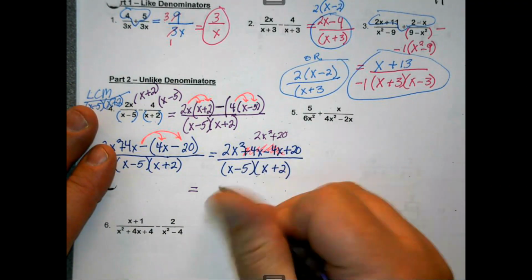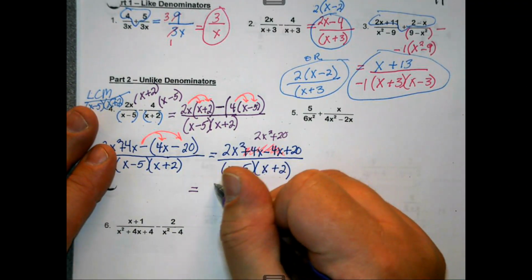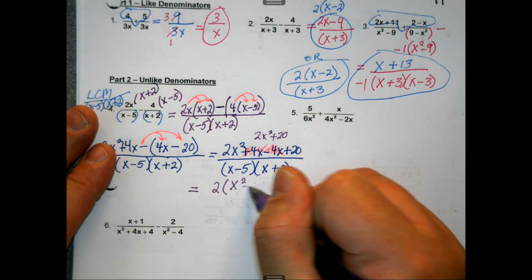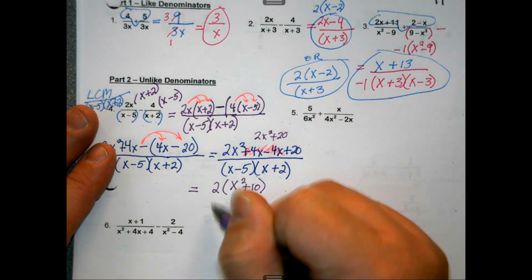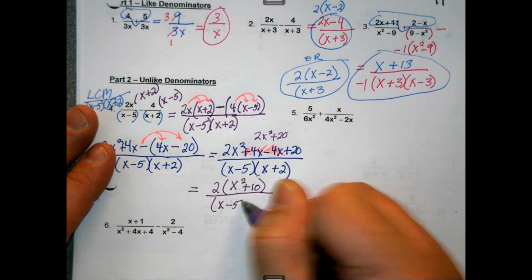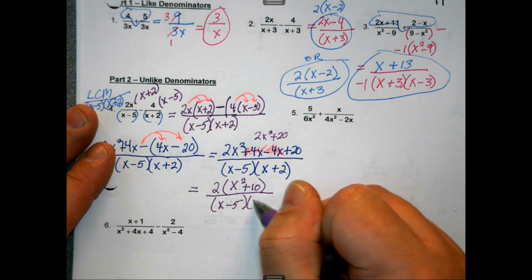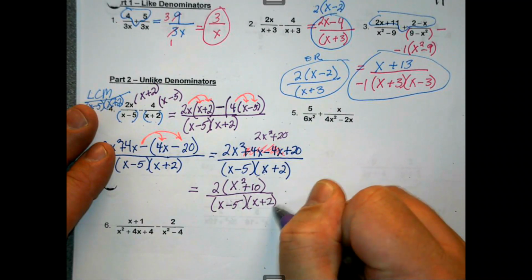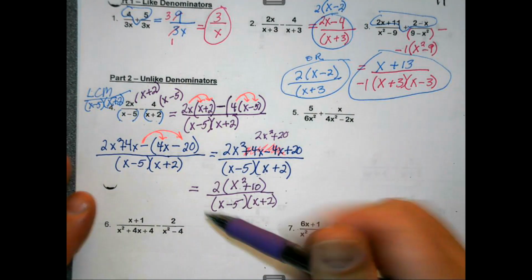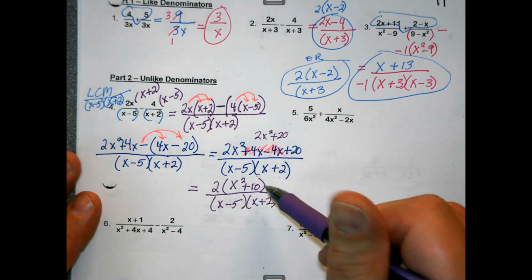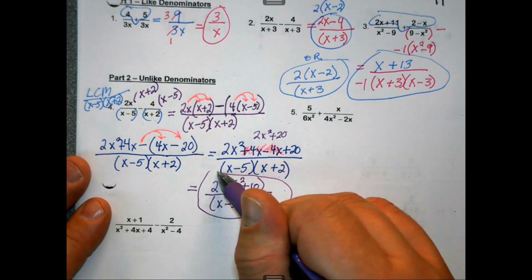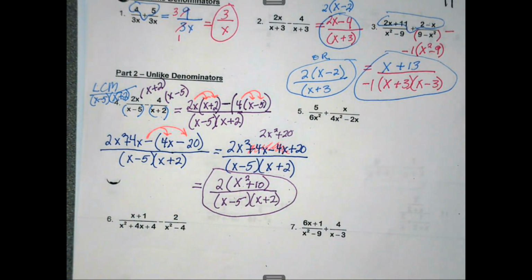I'm going to go ahead and take out a 2, and I'll have x squared plus 10 all over x minus 5, x plus 2, and I think we're done, right? Because we can't factor x squared plus 10. And there we go.